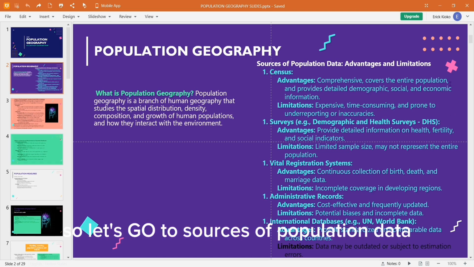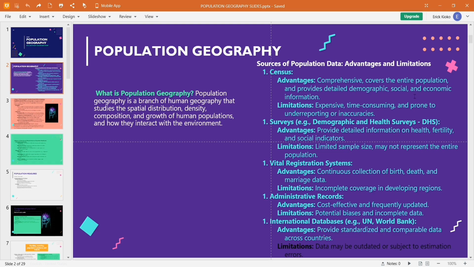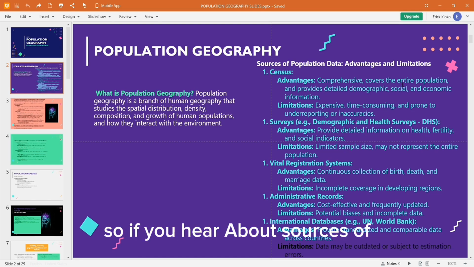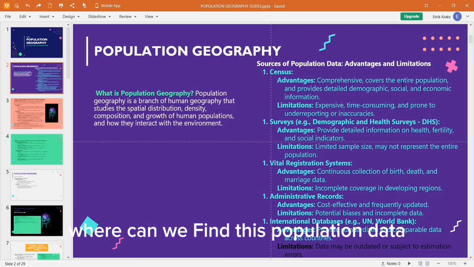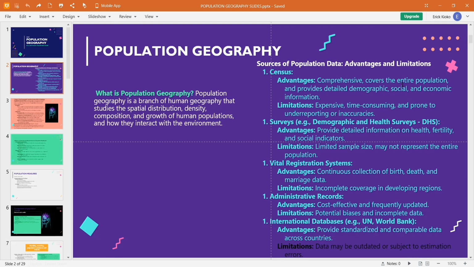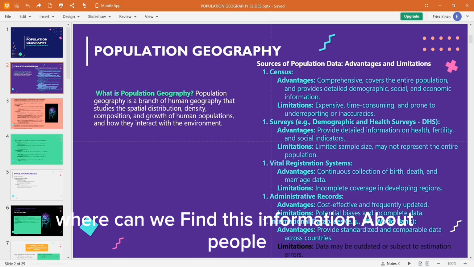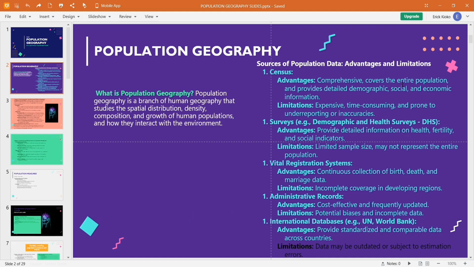So let's go to sources of population data, and their advantages and disadvantages. If you hear about sources of population data, it basically talks about where we can find this population data, where we can find information about people. Number one is census.